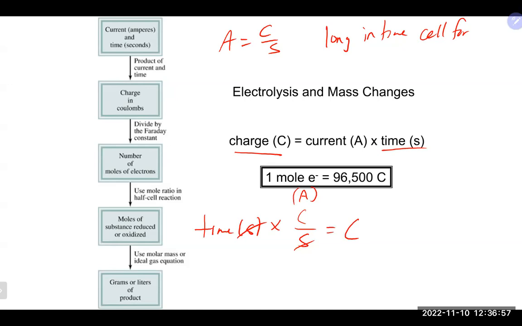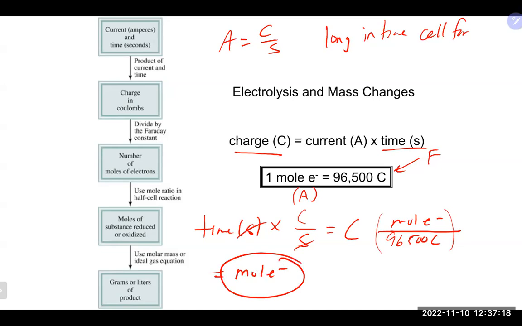We then will typically use Faraday's constant in a conversion to go from 96,500 coulombs to a mole of electrons. This will end us with moles of electrons. It is at this point where our half reactions come into play.